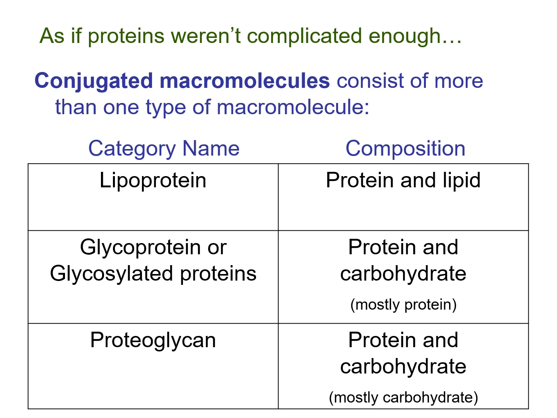They're mostly protein with a little bit of carbohydrate. We can also call these glycosylated proteins. To glycosylate something is to stick carbohydrate to it, basically stick sugar to it. We can also have proteoglycans, which are also a mixture of protein and carbohydrate, but in this case, they're mostly carbohydrate. So they're carbohydrate mainly with a little bit of protein.